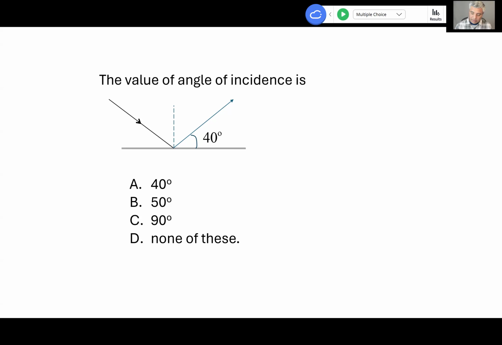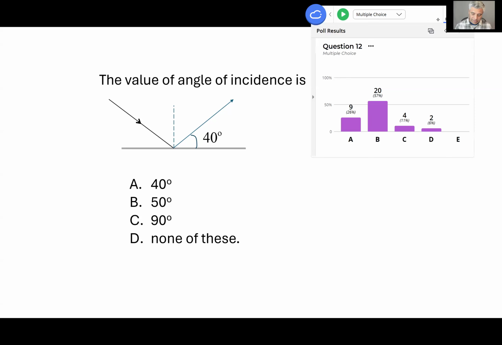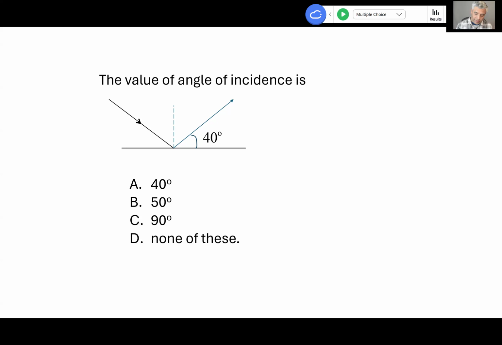Okay. So let's see how did we do here. Mostly B. Is that correct? So this is the angle of incidence. This is the incident ray.